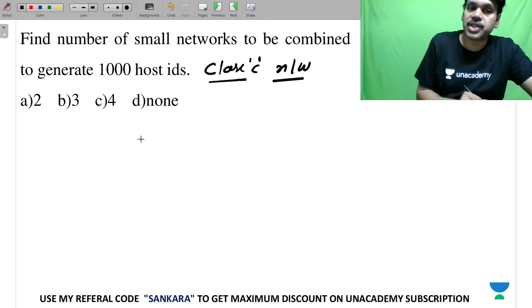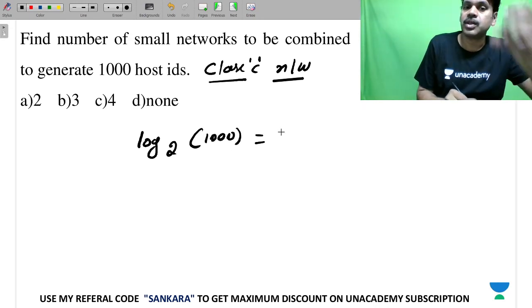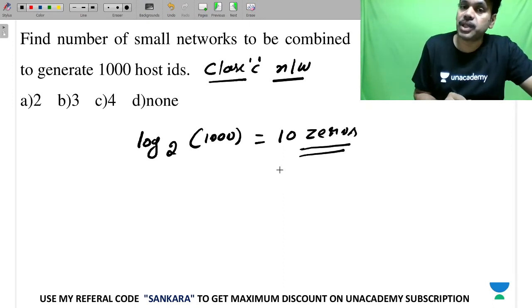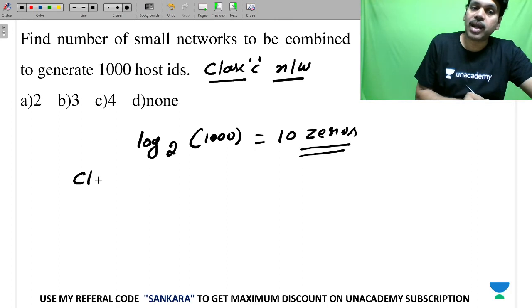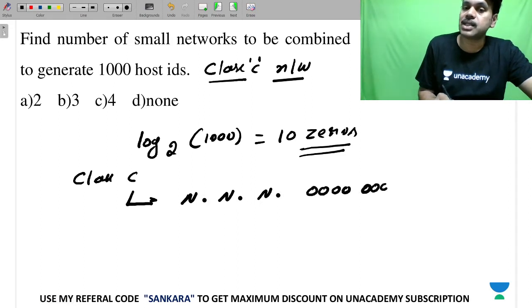So 1000 HIDs means how many zeros? So 10 zeros. 10 zeros means, according to class C, n.n.n.1 2 3 4 5 6 7 8 is your HID.